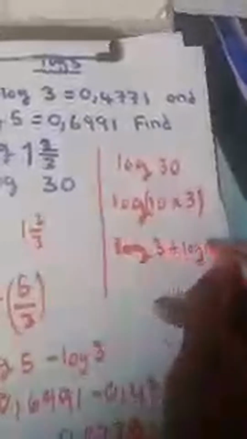So we're going to say log 3 plus log 10. That is law number 1. Whenever we multiply, we add. Okay, whenever we multiply, we add.